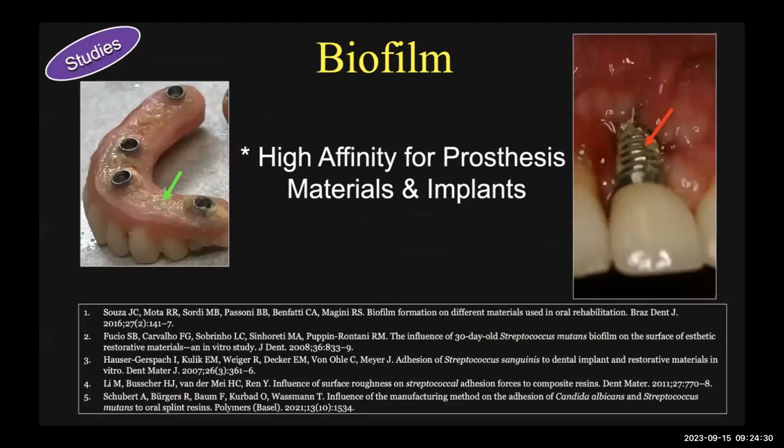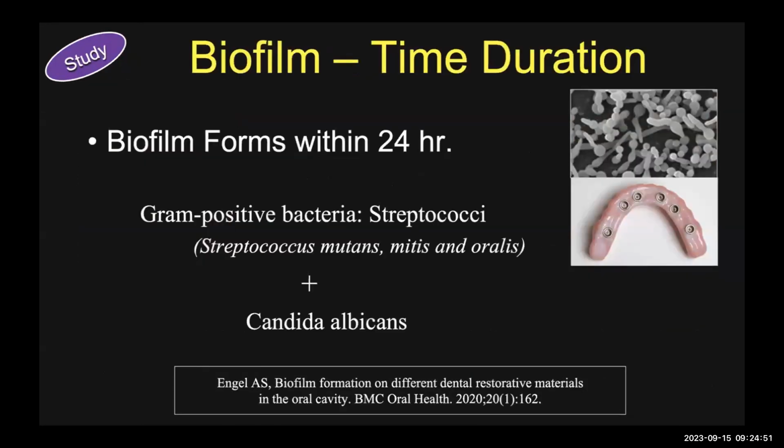So what do some of the studies show? Well, there's a whole slew of studies that show there's a high affinity for biofilm on prostheses, whether it's an all-on-X full arch or a single implant where some of the threads become exposed. So it has to be removed.